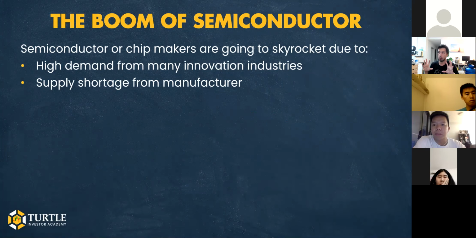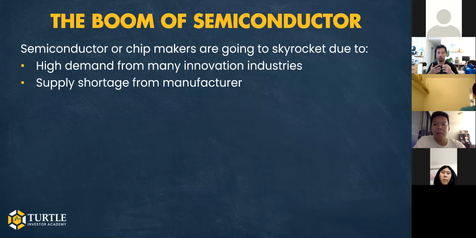The boom of the semiconductor is due to two things: high demand from many innovation industries, and, as the recent news everywhere says, a supply shortage from a lot of manufacturers.